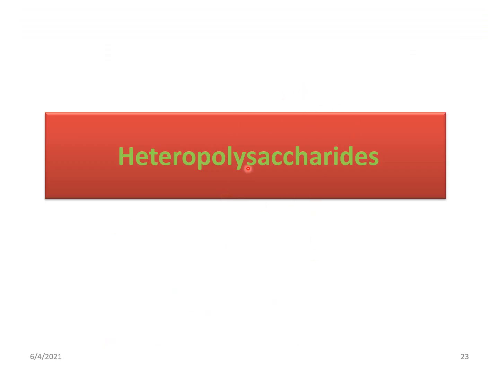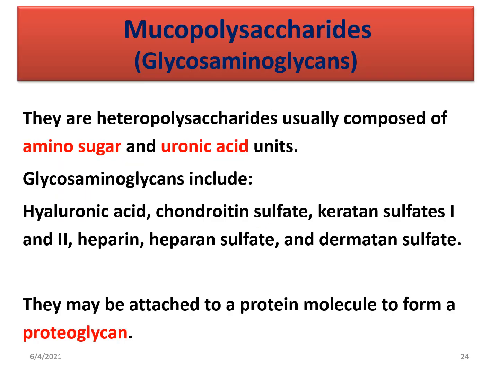Now we discuss the heteropolysaccharides. These are polysaccharide polymers consisting of different units of monosaccharides or their derivatives. The mucopolysaccharides or glycosaminoglycans are types of heteropolysaccharides. What is particular regarding glycosaminoglycans is that they consist of amino sugars and uronic acids.